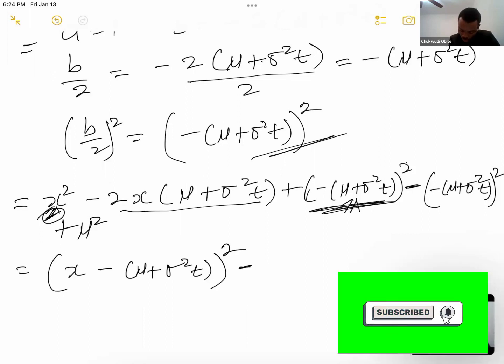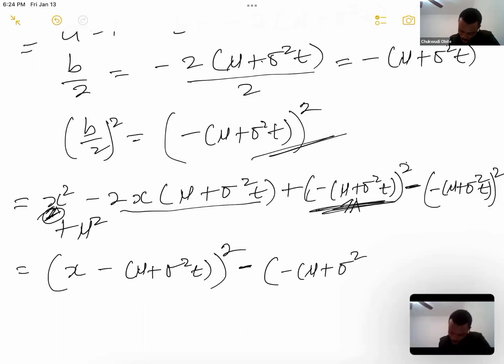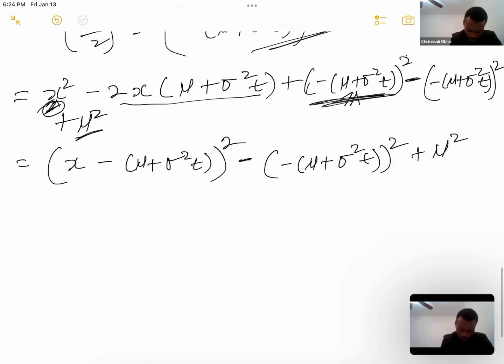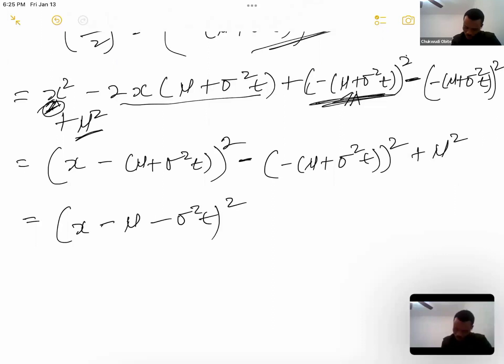Then we have minus mu plus sigma squared t square. Then we have here plus mu square, which is equal to x minus mu minus sigma squared t all square. If I expand this bracket, I'll have minus mu minus sigma squared t all square. Because of this square, the square will cancel out the negative sign.